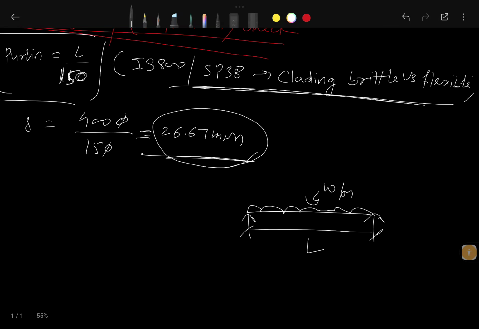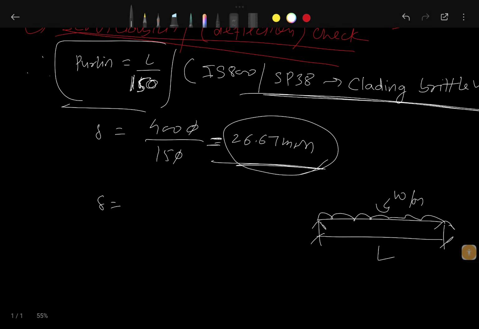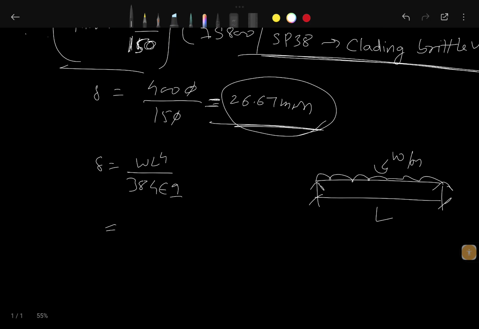This is the length. For this simply supported beam, the deflection value is equal to W L raised to 4 divided by 384 EI. Here W will come 1.32. So 1.32 into 4 raised to 4 divided by 384 EI.